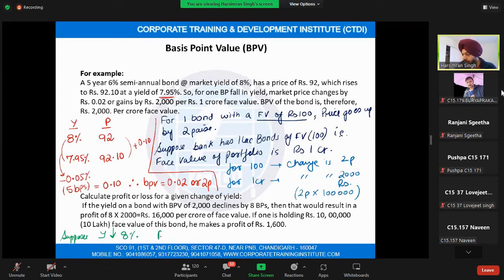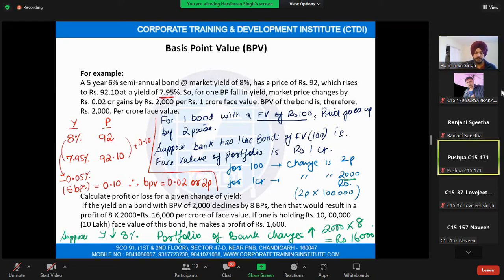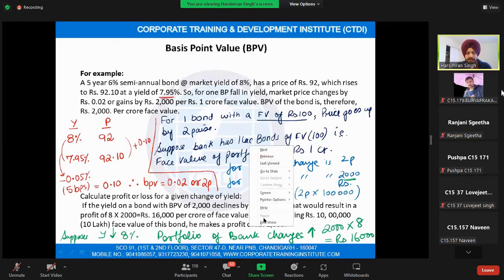So the portfolio of the bank goes up by 16,000, 2,000 into 8, rupees 16,000. Yes or no? Yes sir. Everybody, have you understood this?